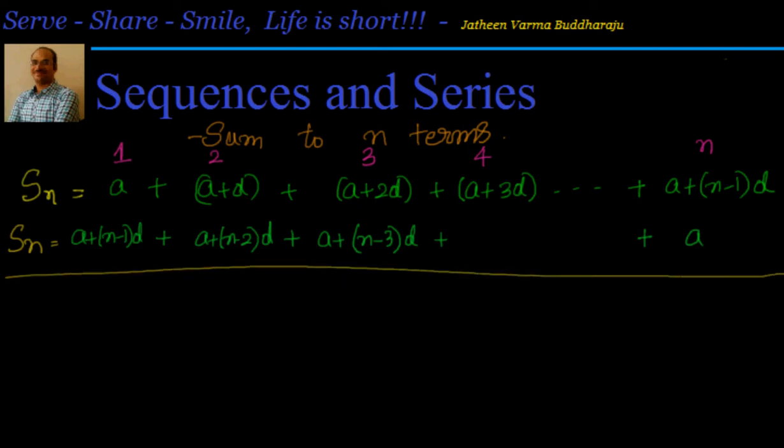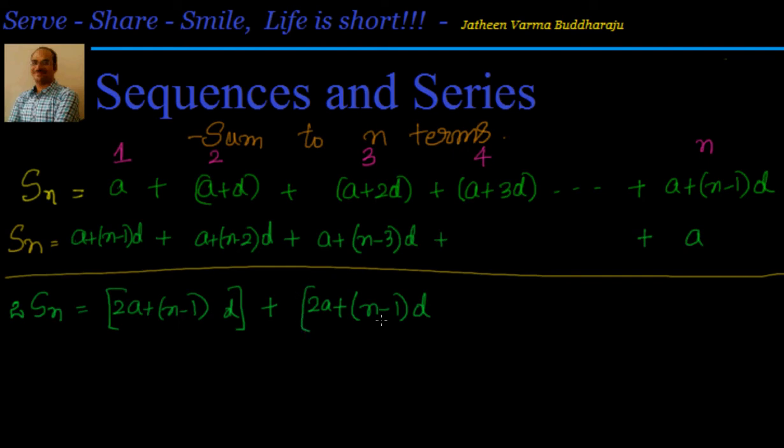If I add these two, I will get 2 into Sn equal to a plus a is 2a plus n minus 1 into d. You can see the next one also: a plus a is 2a, n minus 2 plus 1 is n minus 1. So again 2a plus n minus 1 into d.